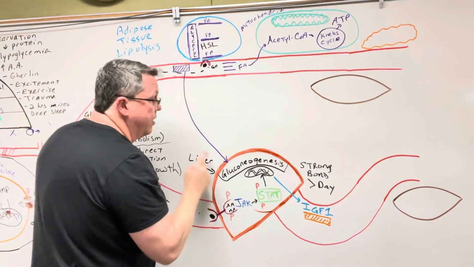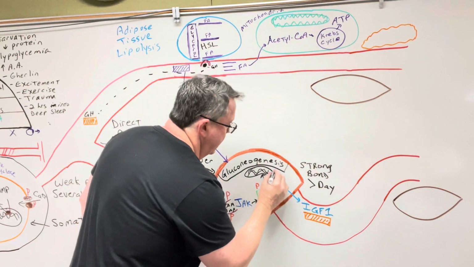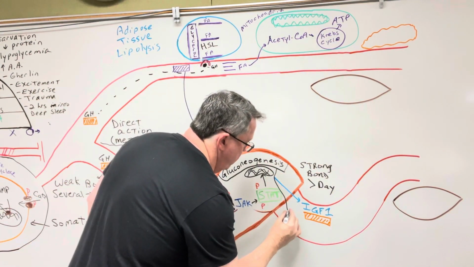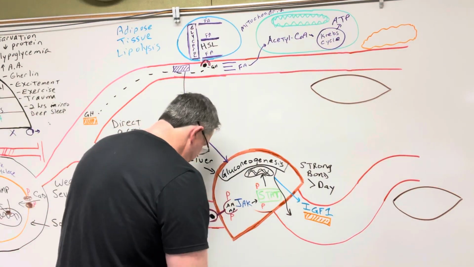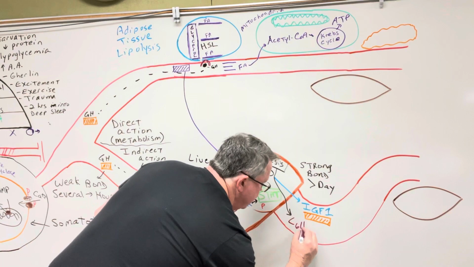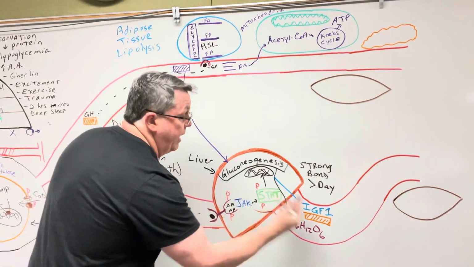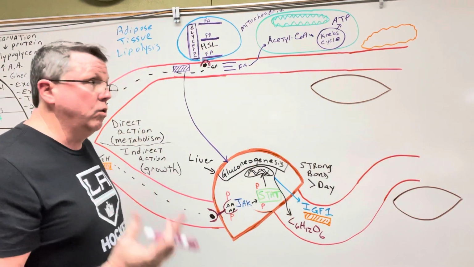So it's going to make glucose, and I am going to get some glucose building up in here. C6H12O6, there's glucose. So now I'm starting to make glucose from non-carbohydrate sources.